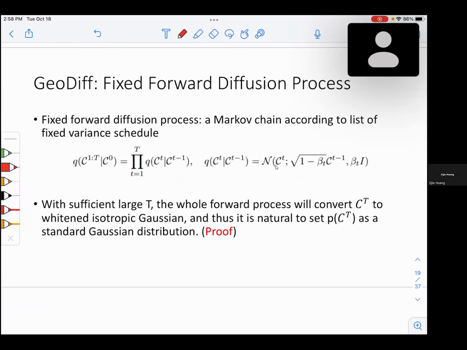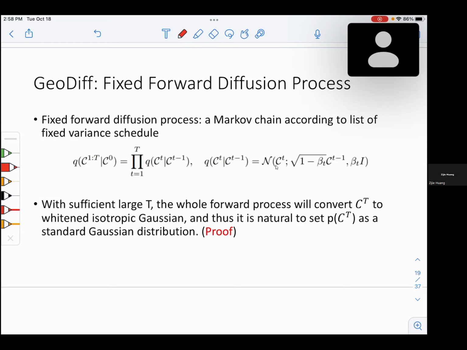For the forward diffusion process, as mentioned before, it's a fixed, not learnable process based on a list of fixed variance schedules. Essentially, it's similar to what Znil introduced in Thursday's lecture.